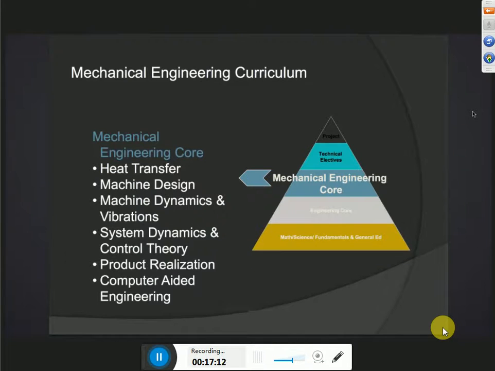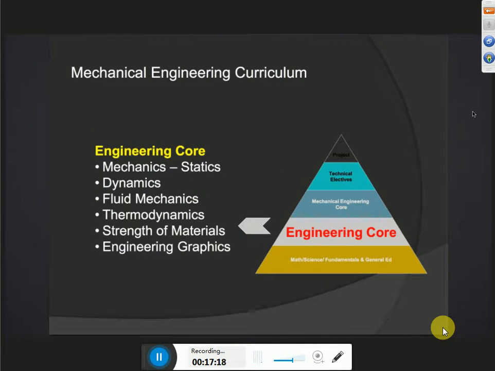In the core, basically go back to engineering core. One slide, yeah, okay. So you got mechanics, statics, dynamics, and then we got mechanics of solids, fluid mechanics, thermodynamics. So they're all hardcore prerequisites.